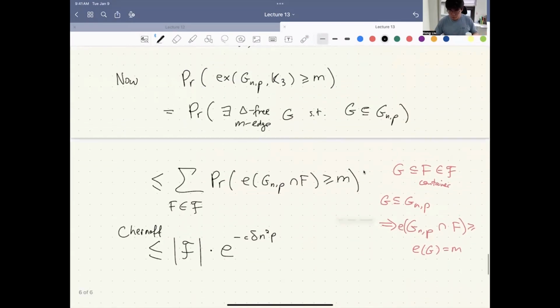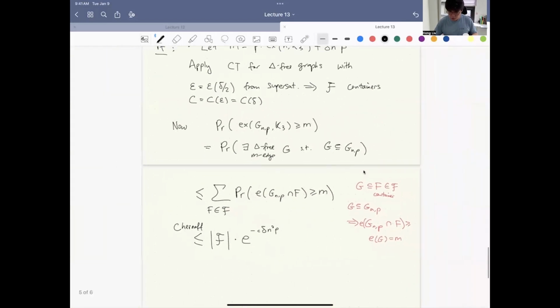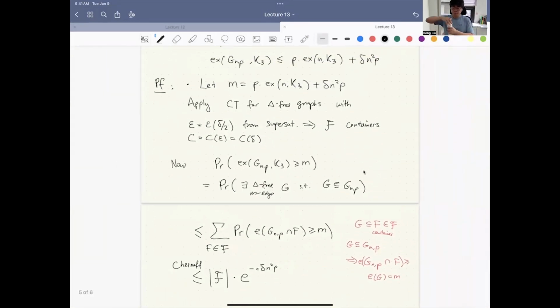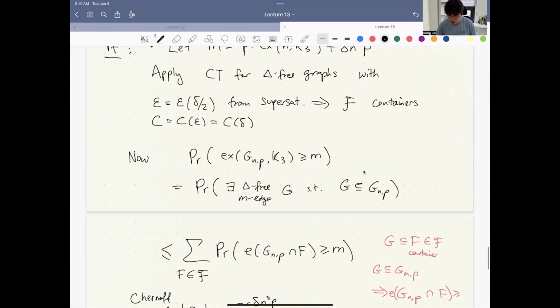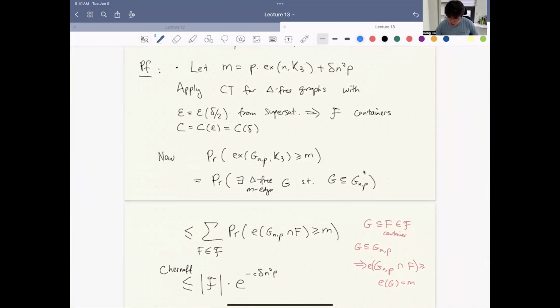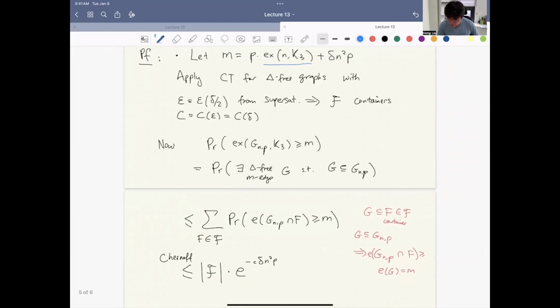Okay, let me zoom out here to see. Well, here maybe I jumped a little bit. Why did I jump a little bit? The key observation here is that F itself does not have too many edges.